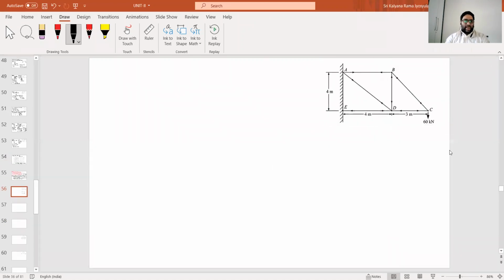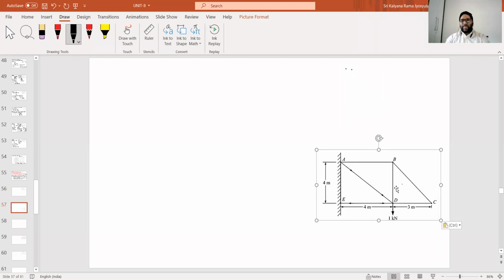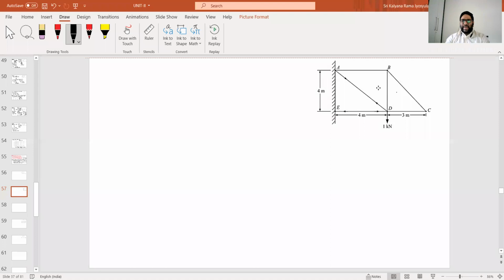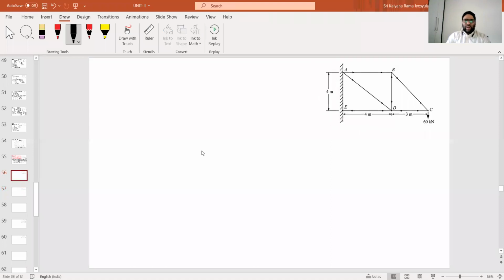Later on, we can apply the unit load and get all the values corresponding to K. So now we need to take joint C. Before that, this is 3 meter, and this is theta 1. Before calculating the forces, let us calculate theta.